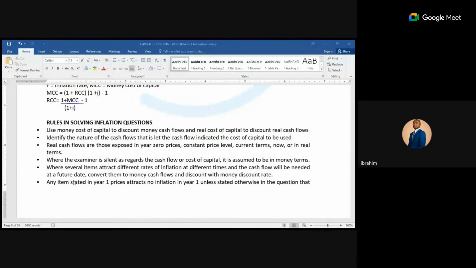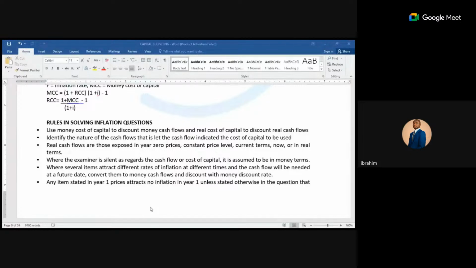Right? Although there are two methods you can use, whether money or real. They can give you money cash flow and give you real cost of capital. Then I normally advise that you just convert that money cost of capital to real. You can actually convert the money cash flow to real.